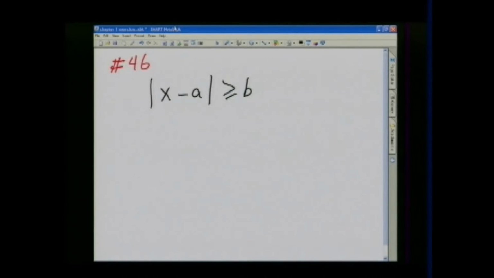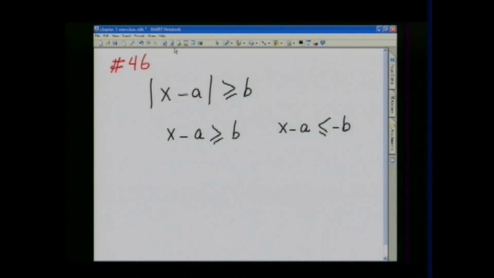Well, based on the property of absolute value and inequality, this can be written as x minus a greater than or equal to b, or x minus a less than or equal to minus b. Either way, it would be the answer to this inequality.